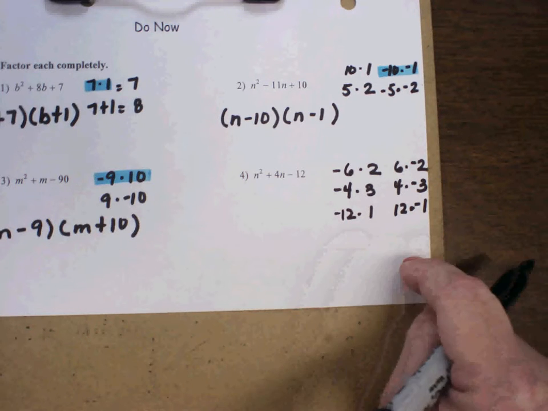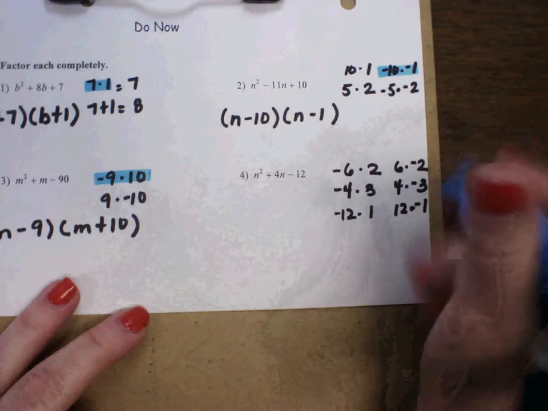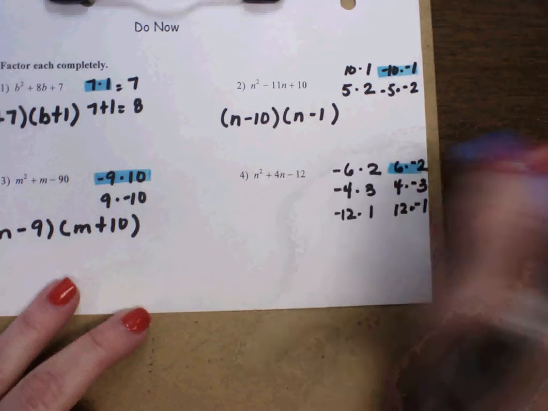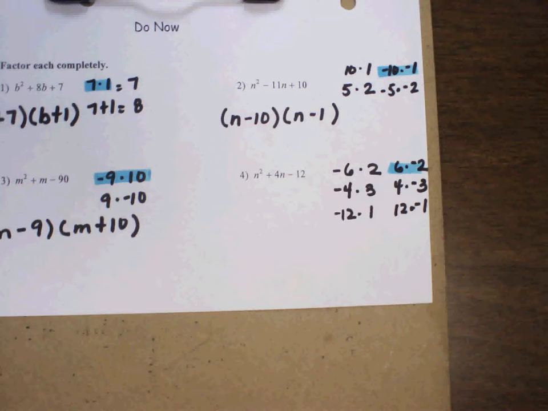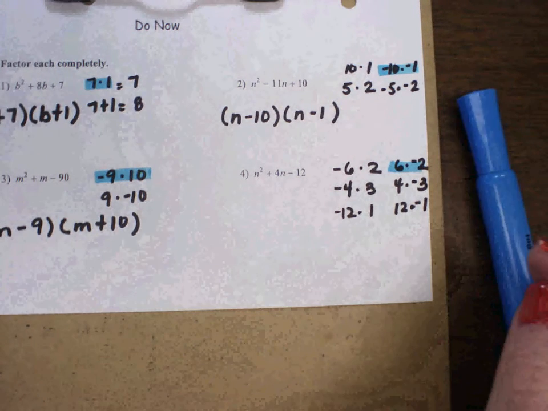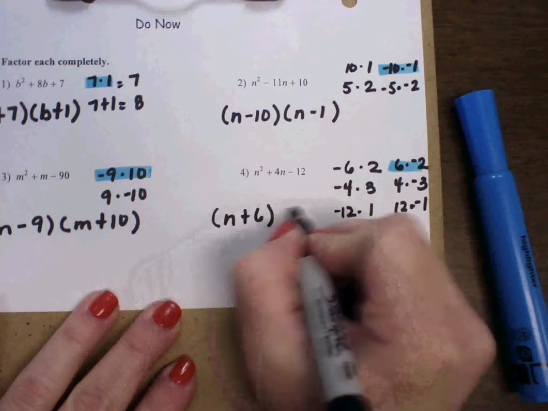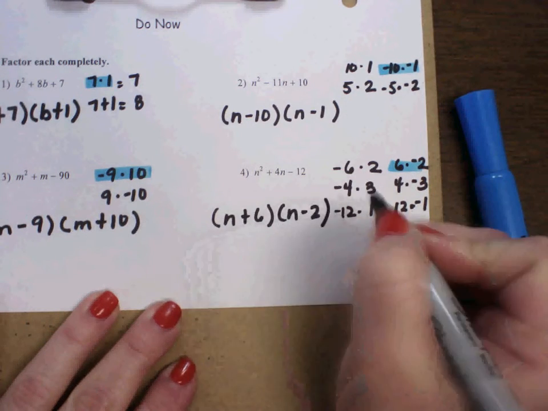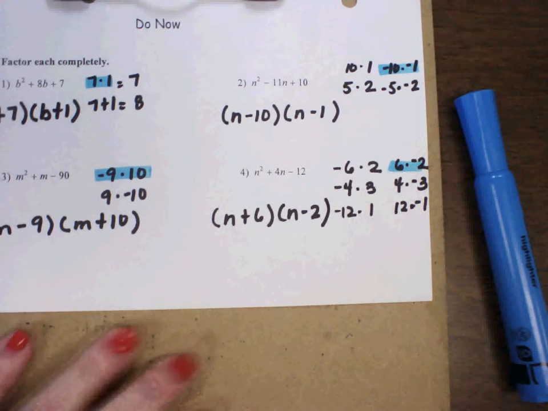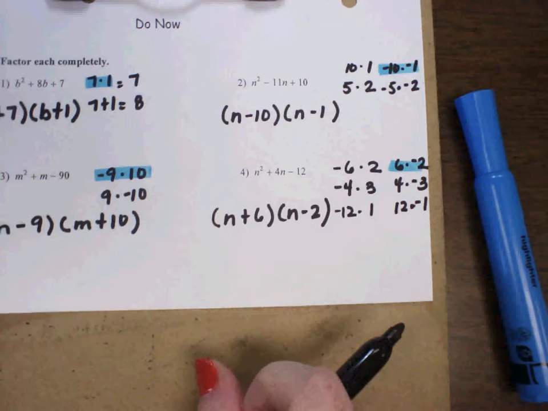All of those give me negative 12, right? One positive, one negative, but I need a positive 4. 6 and negative 2. Yay? All right, we need to start doing this, highlighting them, writing them down, and then highlighting the ones that we need, okay? So this would be n plus 6, n minus 2. Yay?